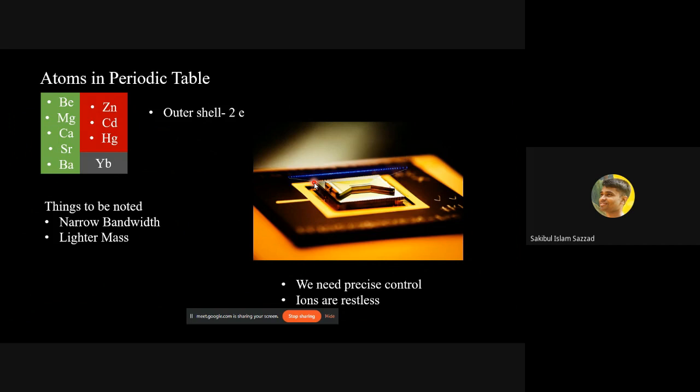Basically, quantum error correction. I'm not sure if I shared any example in the last class. Actually, I mean last week. Why is the classical computer still far ahead of quantum?